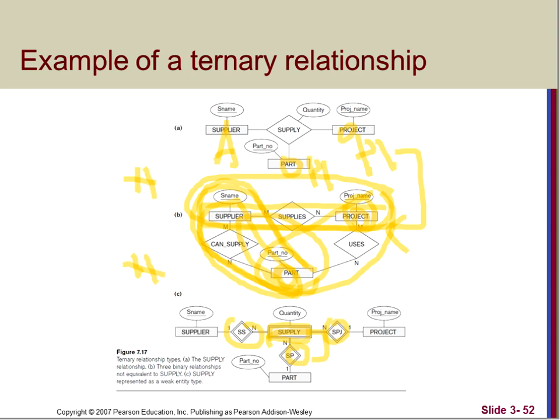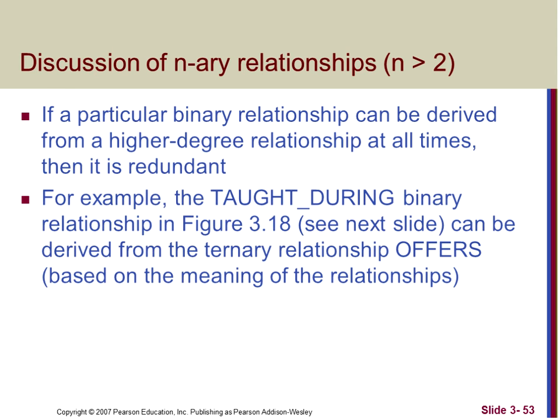Similarly, there might be a project which does not use a specific part, and also sometimes a supplier does not supply all the parts that are used for the project. So because of that, sometimes additional information is added, sometimes redundant information. Even though we have such additional information, this one is easier than the ternary relationship for understanding, so we prefer to use binary relationships.